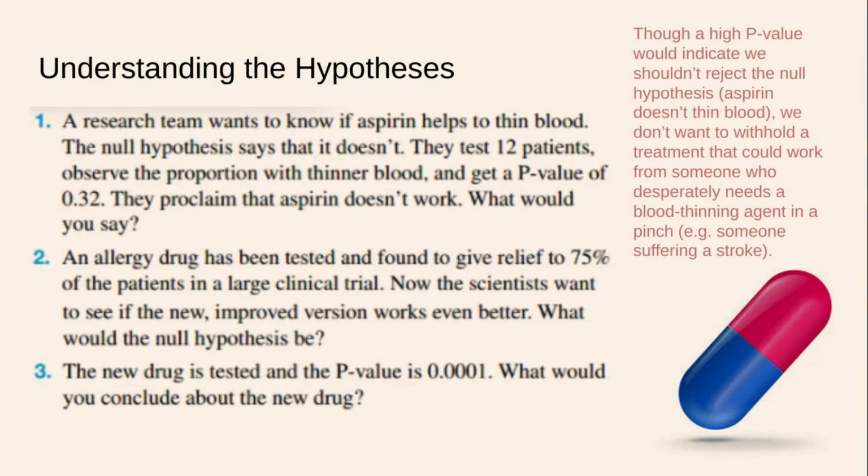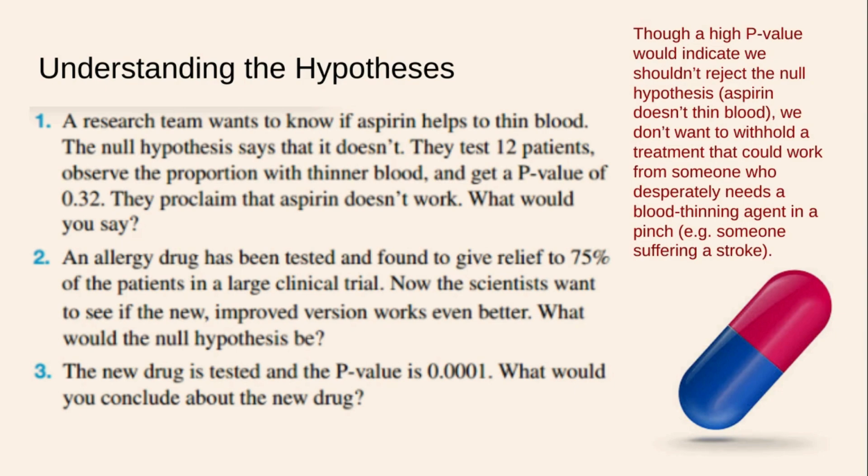But here's the problem with that. Though a high p-value would indicate we should not reject the null hypothesis being that aspirin doesn't thin the blood, we don't want to withhold a treatment that could work from someone who desperately needs a blood-thinning agent in a pinch. All right, for example, someone suffering a stroke.